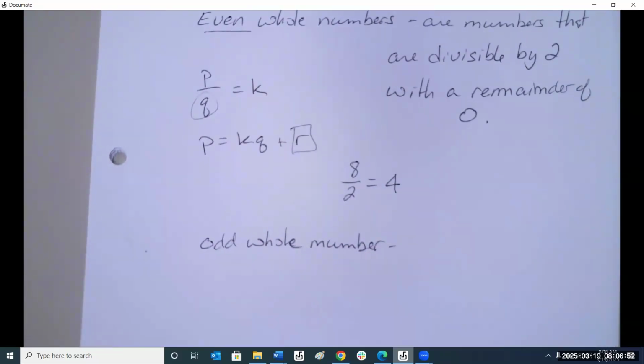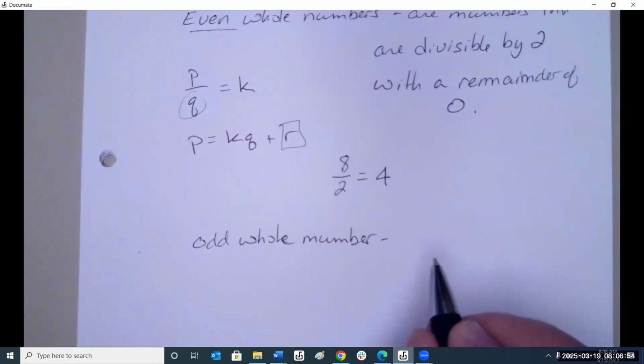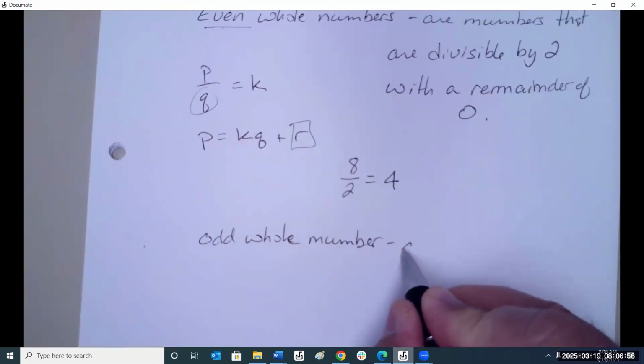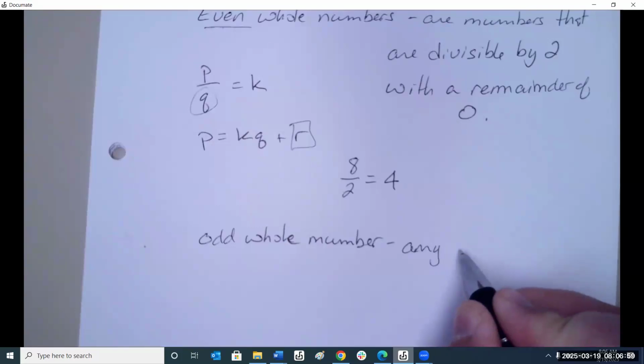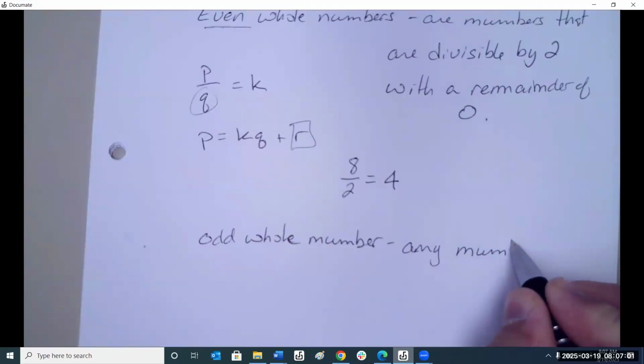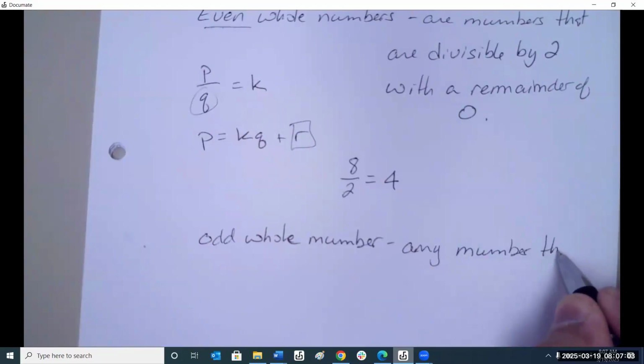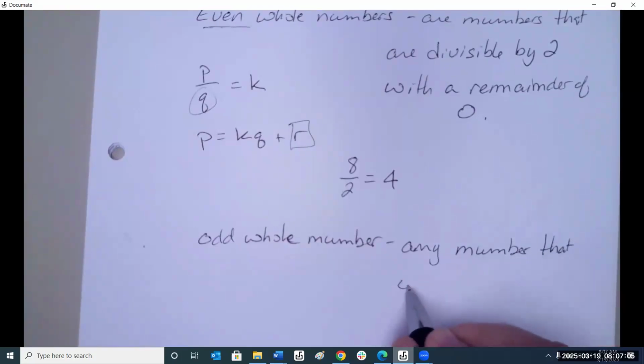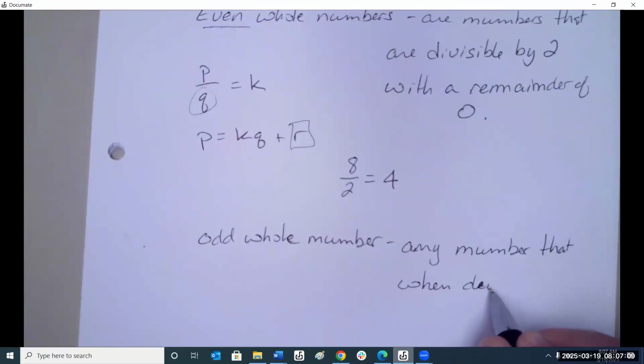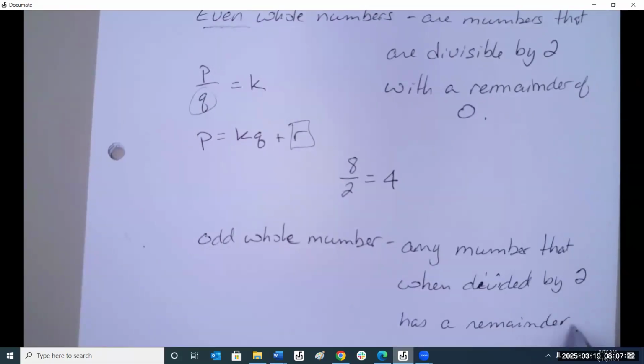Any number that when divided by 2 has a remainder.